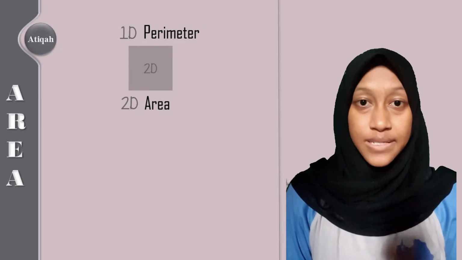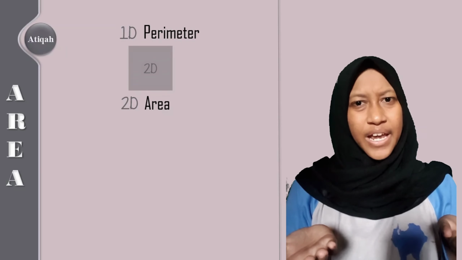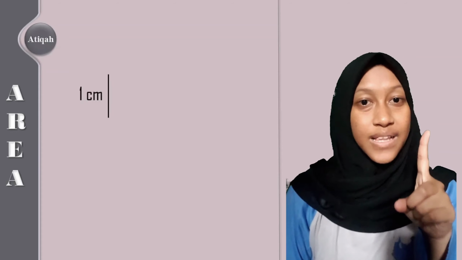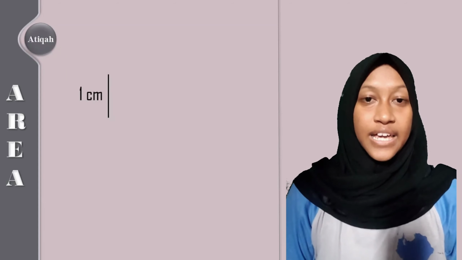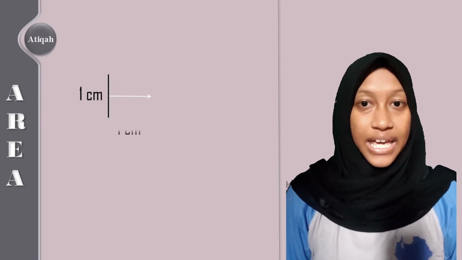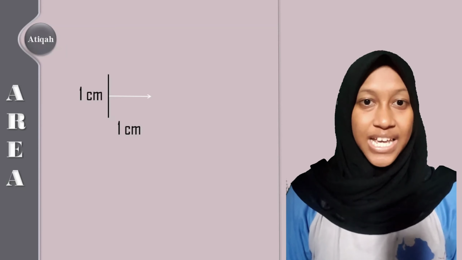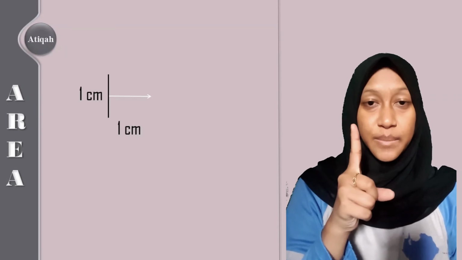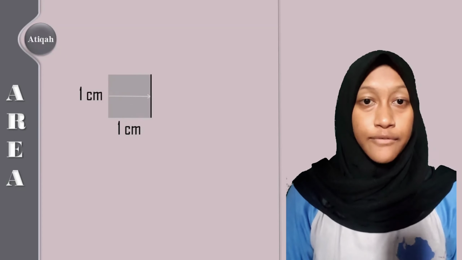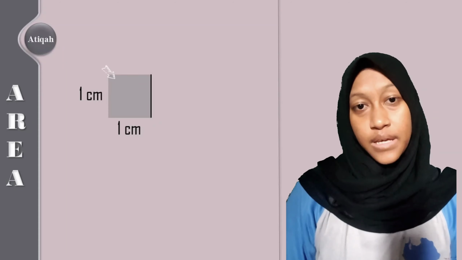To help you understand what area is, let's start by imagining a line that's 1 centimeter long. And now, let's imagine moving that line in a perpendicular direction a distance of 1 centimeter.